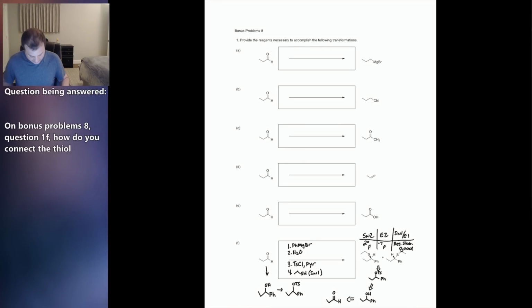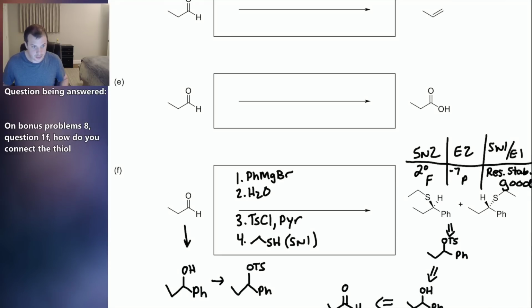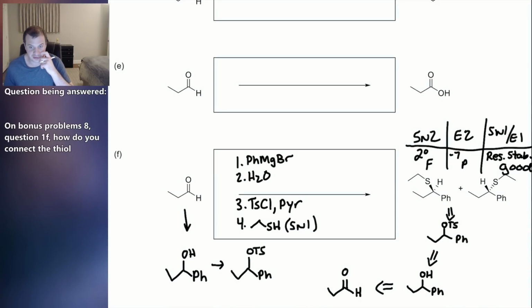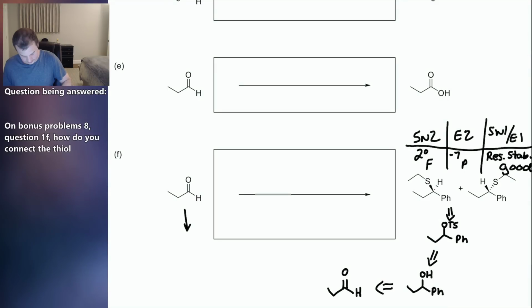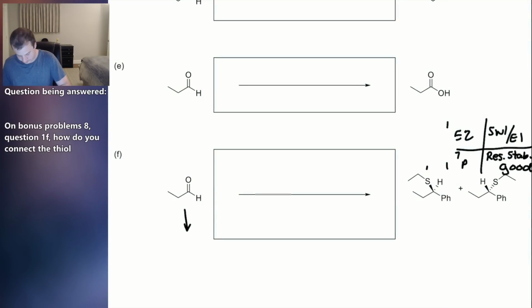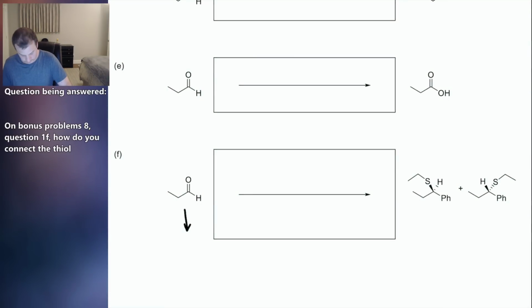Question 1F. How do you connect the thiol? I'm going to just erase this here. All right, so what you notice in this problem here is that we have absolutely added a thiol to our molecule, and a thiol is a dead end group. So to put those in, you need a good leaving group.